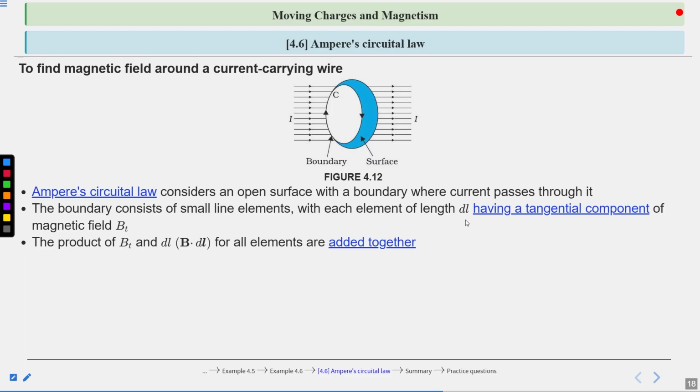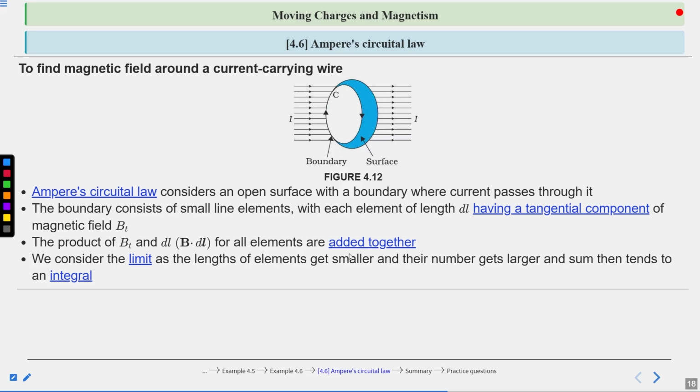So the angle between dl and B will be 0 degree. We consider the limit that the lengths of the elements get smaller. We are going to integrate it, and the condition for integration is that the length of elements gets smaller and their number gets larger, and the sum then tends to an integral. If we decrease the length of the elements to a very small value and increase the number of elements, then this normal sum will tend to an integral.